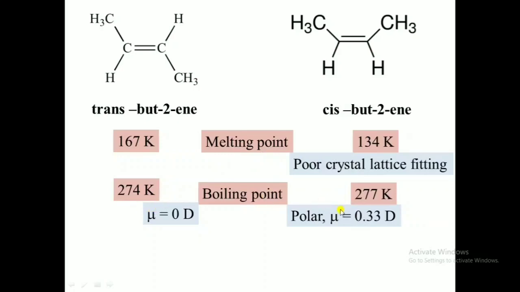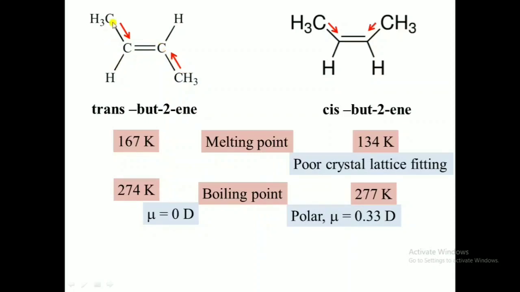What polar means is that it has a dipole moment of 0.33 D. So what is dipole moment? If you examine these molecules, for example trans-butene, here the CH3 group is a plus I group, meaning inductively the CH3 group can donate electron density in this direction.